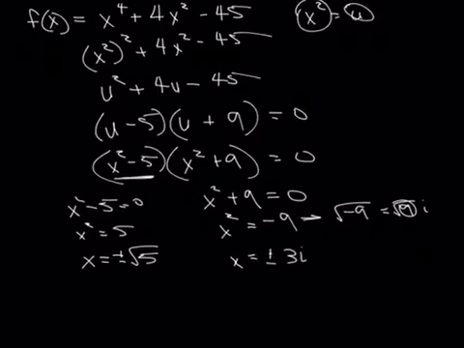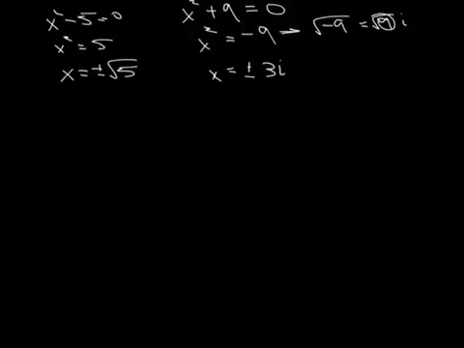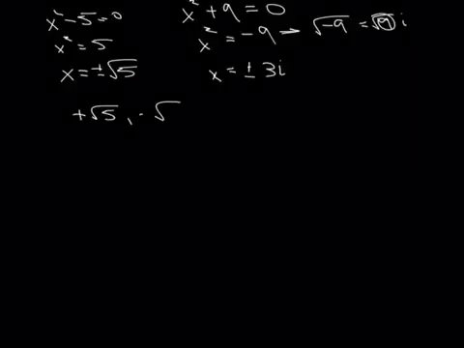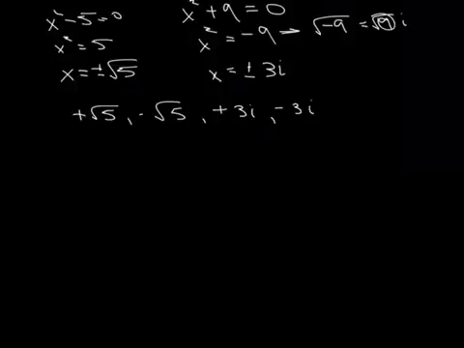Alright, so let's move all this stuff up. And those are my zeros: plus square root of 5, negative square root of 5, plus 3i, and negative 3i. Okay, and that's what it asks you to do.